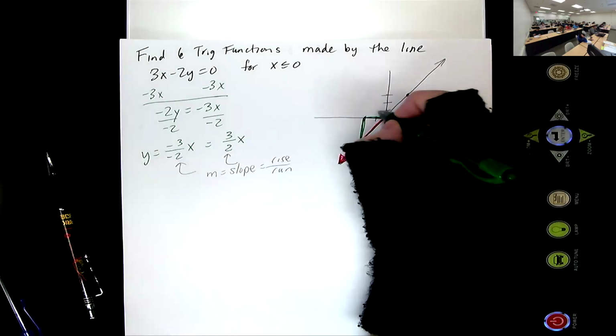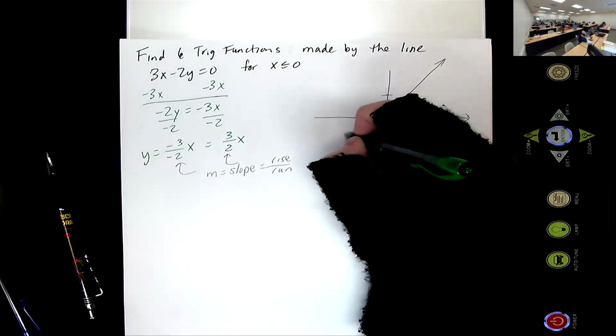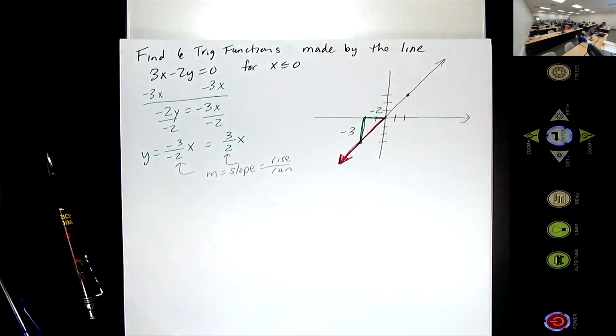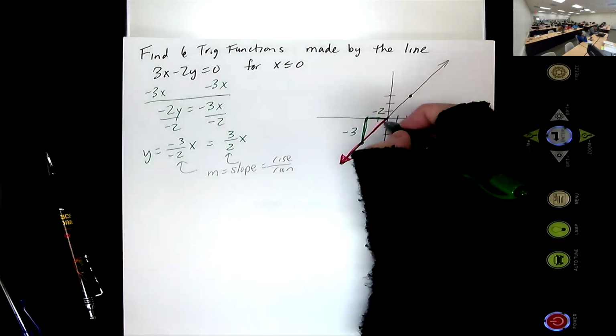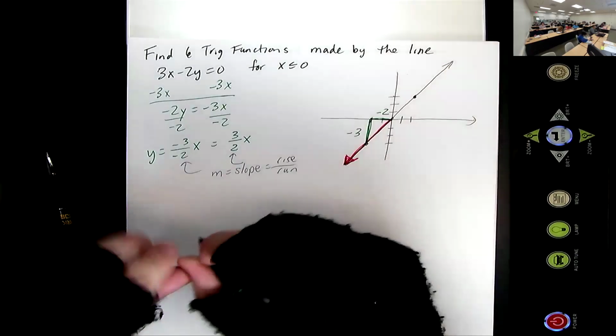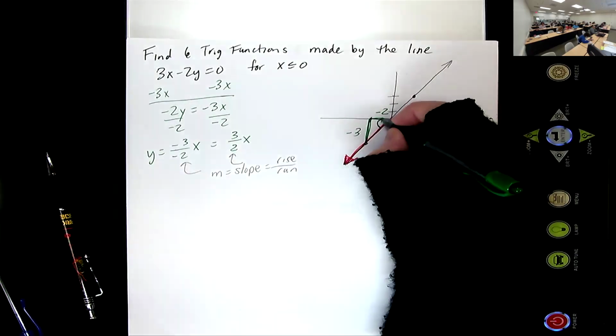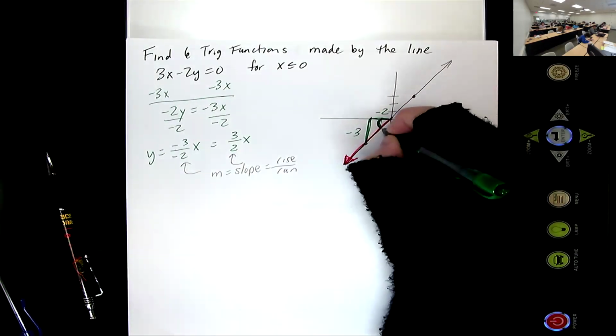And x here is negative 2 and y here is negative 3. We're going to use the angle it makes with the closest line to be our angle there. That's going to be our theta right there.